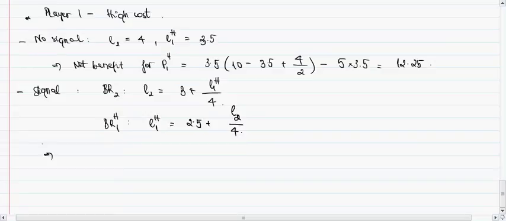And you are going to get L1H equal to 52 on 15, and L2 is going to be equal to 58 on 15.